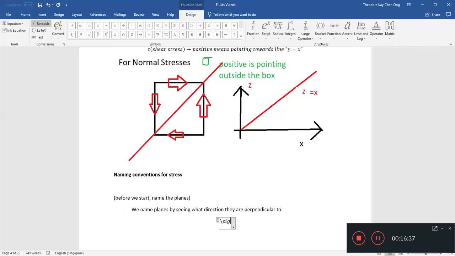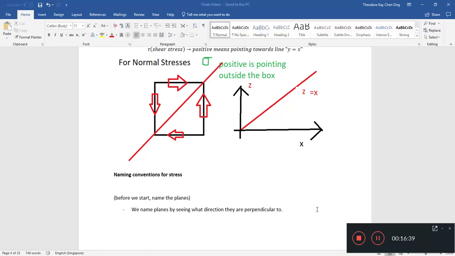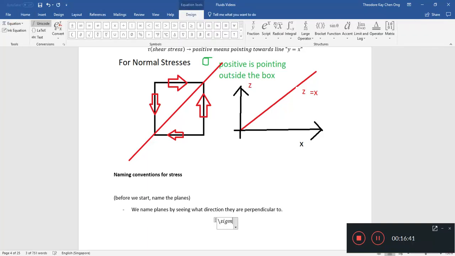Okay, sigma, we already know sigma is for normal stresses. So sigma x means normal stress acting on plane x, or perpendicular to x, in the x direction.